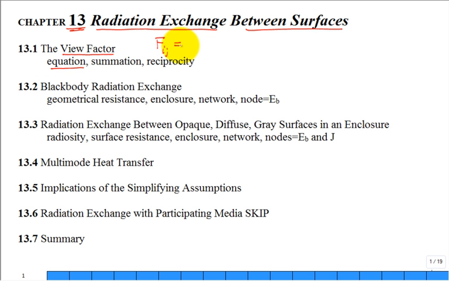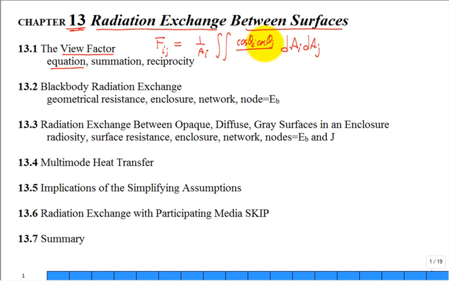This equation does not look pretty. It's 1 over area I, the double area integral, dAI dAj, of the cosine of theta I, cosine of theta j.